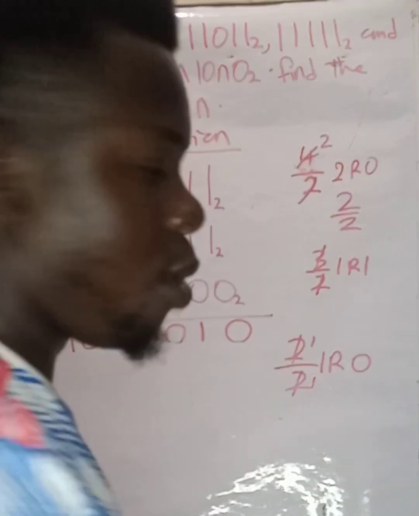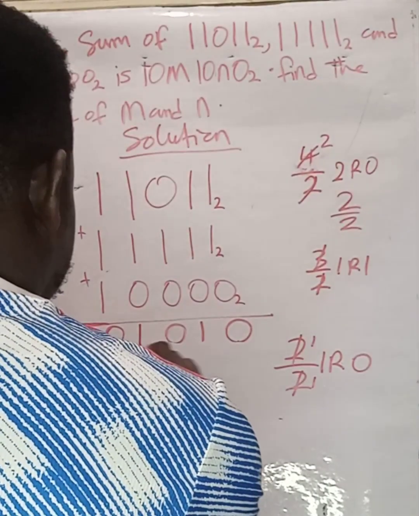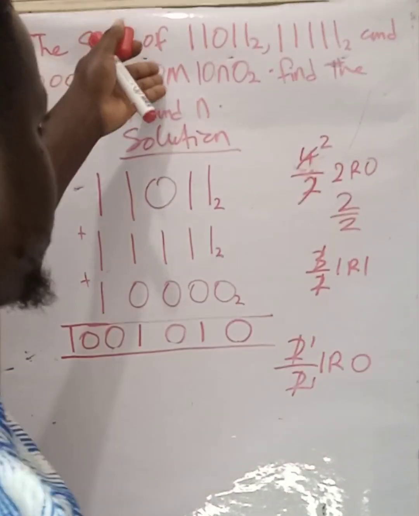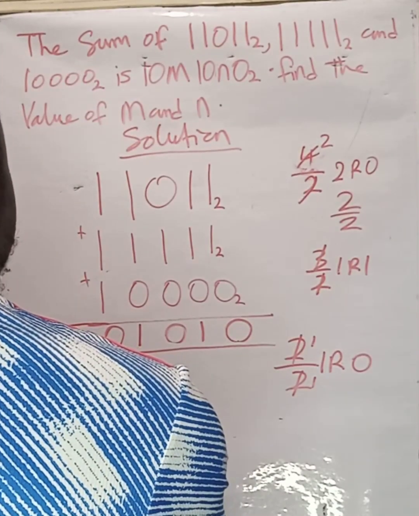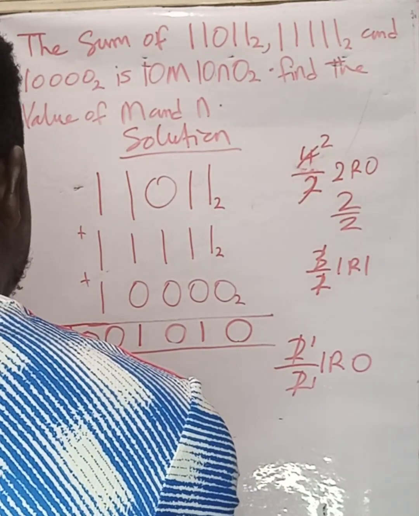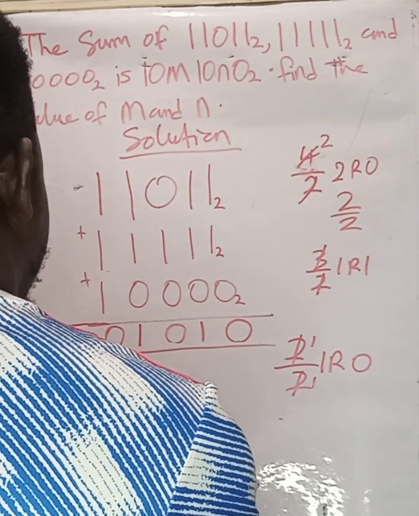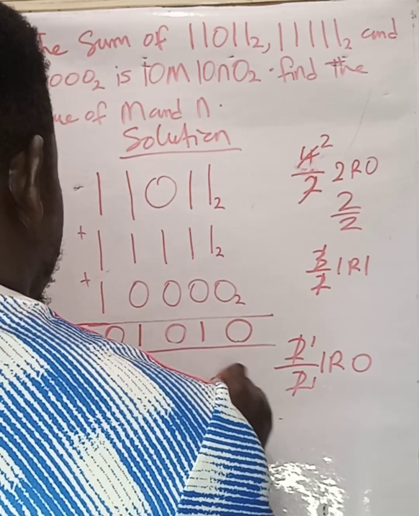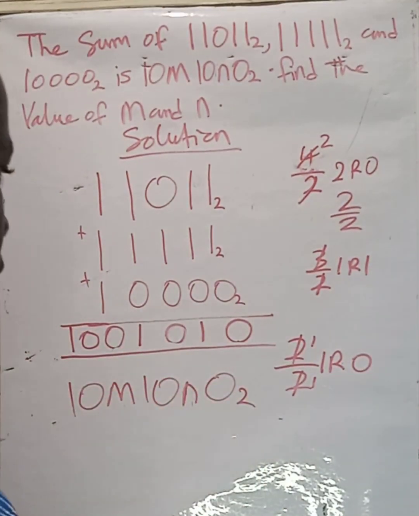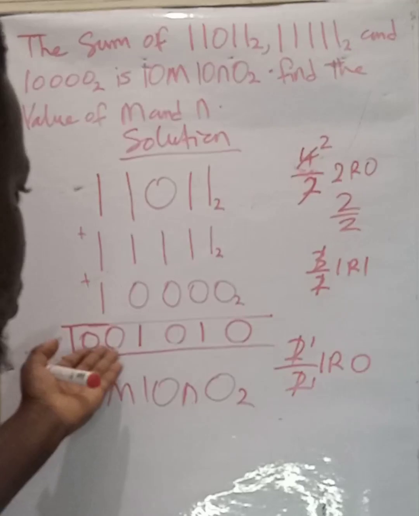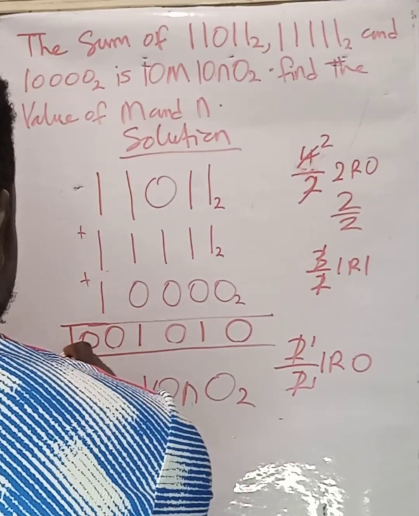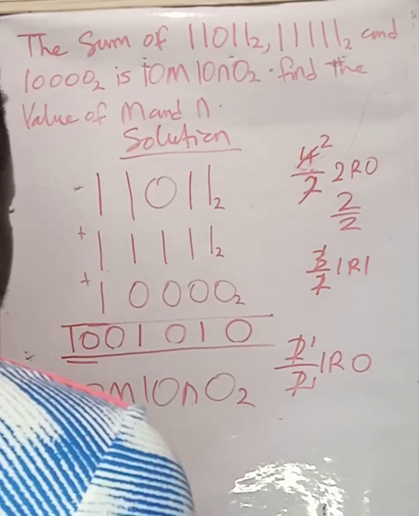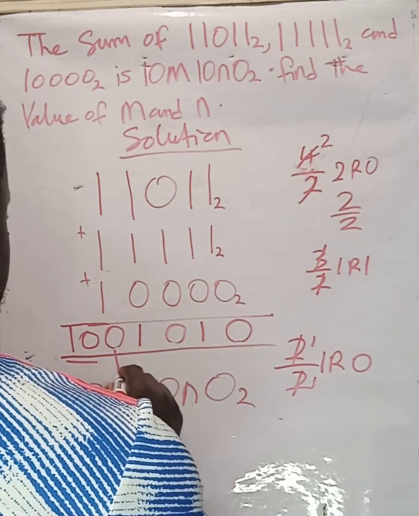Okay, now this is what we have. So let's write down what we have up here. They say 10n02. If we relate the answer we got here with this, we take 10 out and we have 0, which is m.